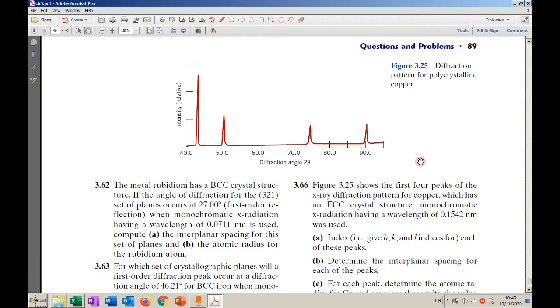In the previous session we talked about diffraction probabilities for simple cubic, body centered cubic, and face centered cubic crystal structures: FCC, BCC, simple cubic, SC. We said that diffraction will occur if h square plus k square plus l square is a set of numbers for each of them.